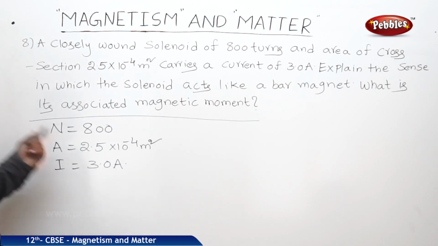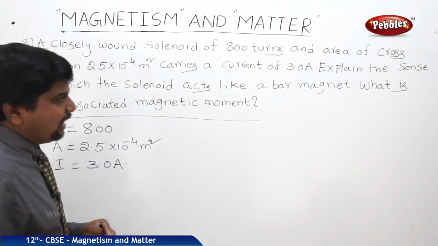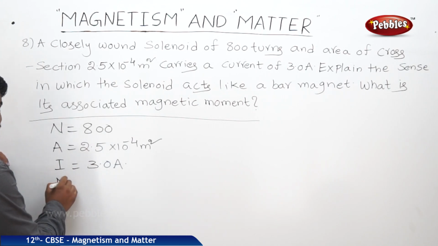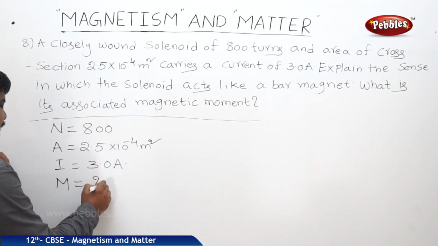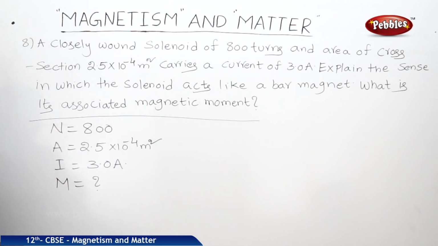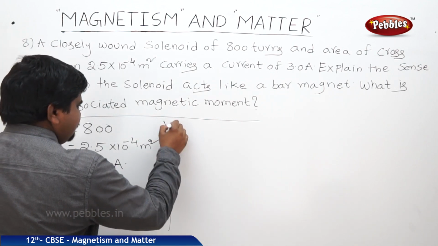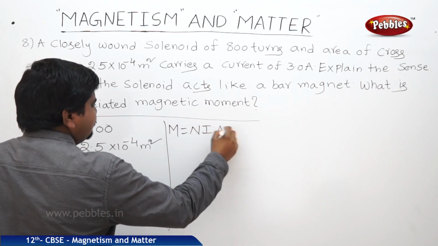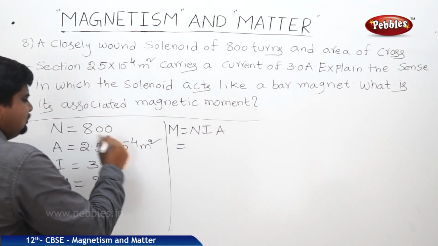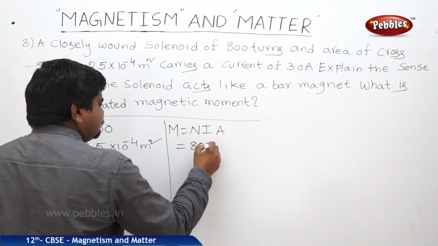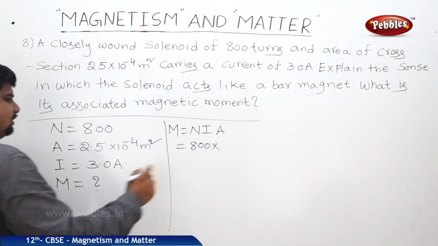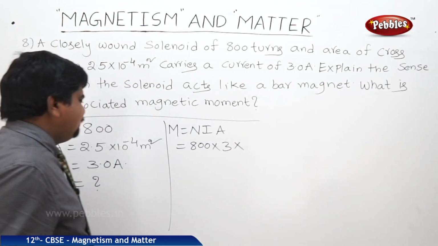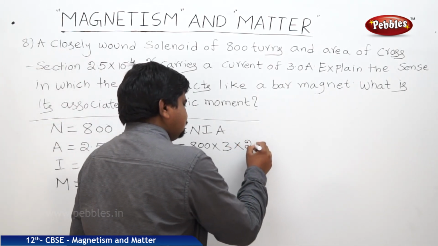So we should find out in which sense it acts like a bar magnet, and at the same time what is its associated magnetic moment. We should find out m. Yeah, this is a direct sense, so we can write m is equal to NIA. The n is equal to 800, I is equal to 3 amperes, area is equal to 2.5 into 10 to the power of minus 4 meters square.